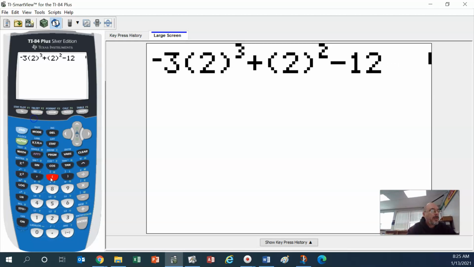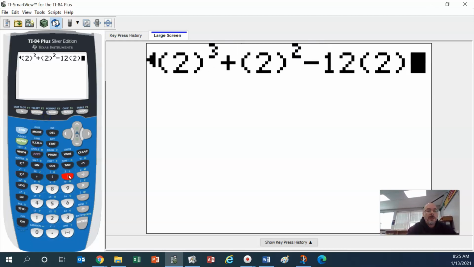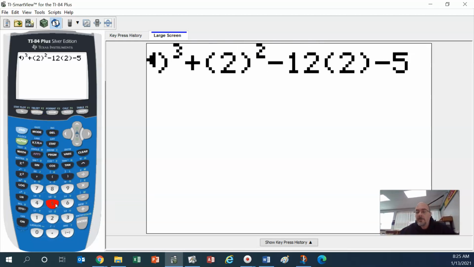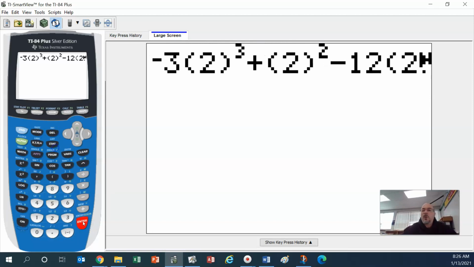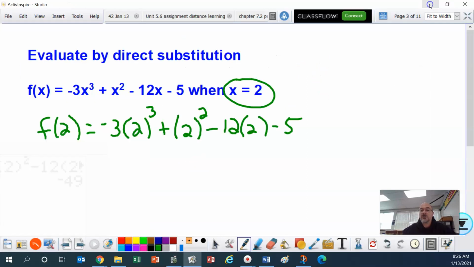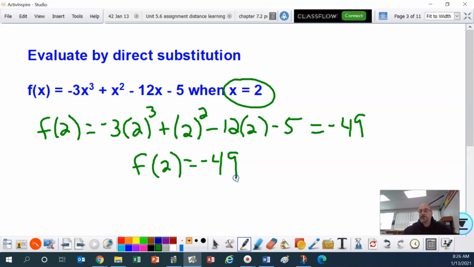Minus 12 times 2 minus 5. Hopefully I didn't make any mistakes. So what do I get? I get -49. Good, I don't believe I made any mistakes. So I find out that when I use direct substitution and I plug 2 into that, I get -49.